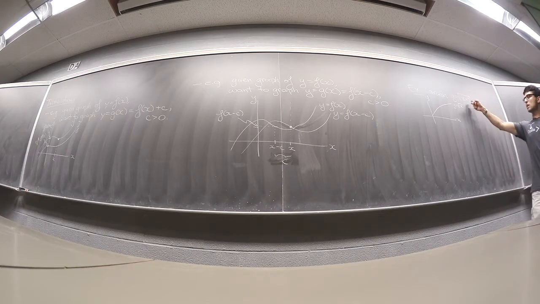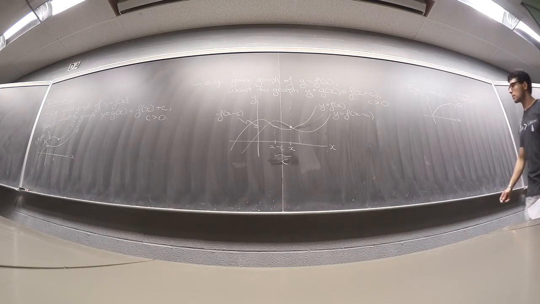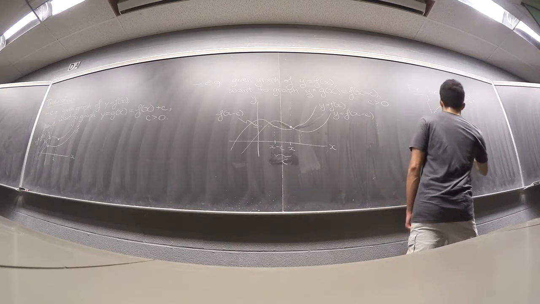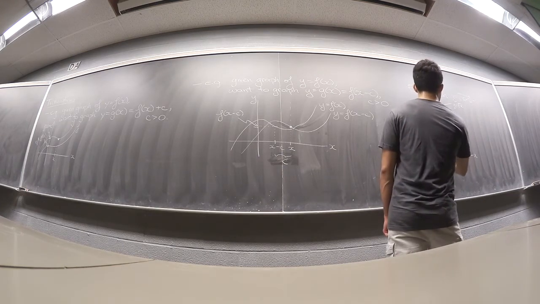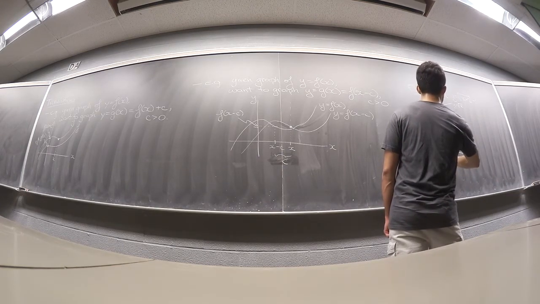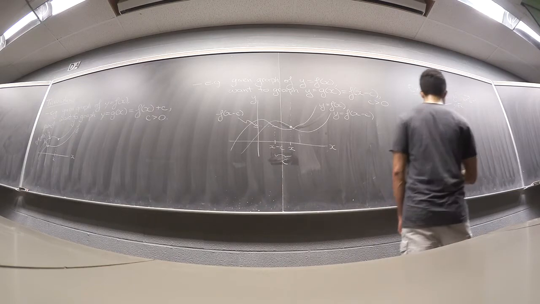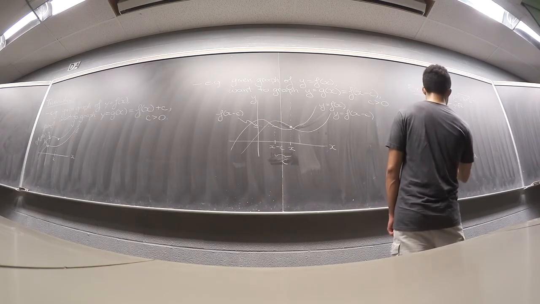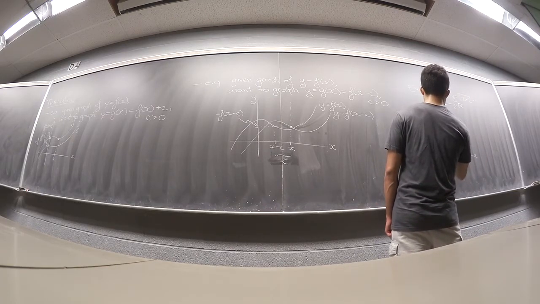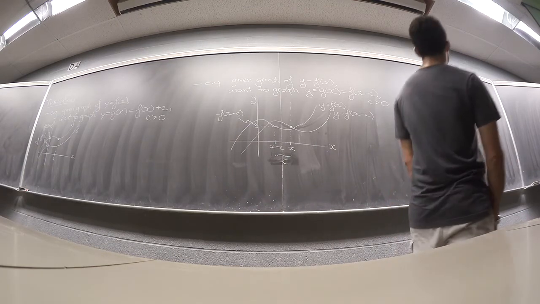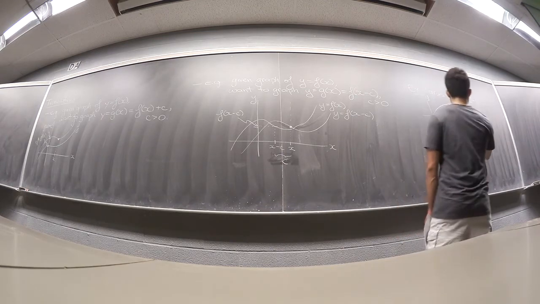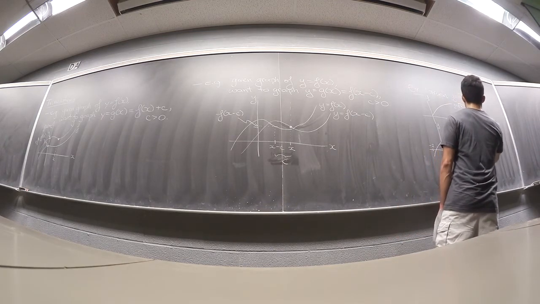Two units left, again, plus means left, and down 1 unit. Perfect. And that's the graph you want.